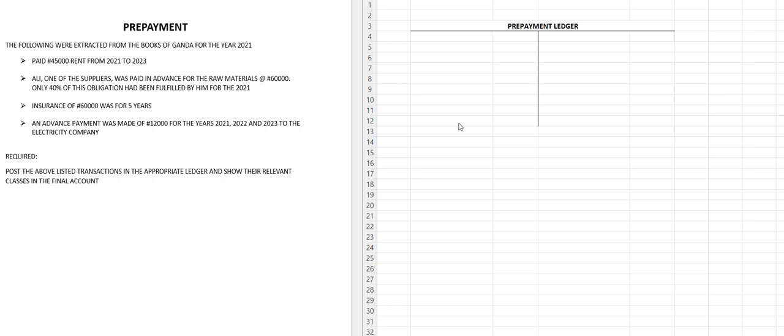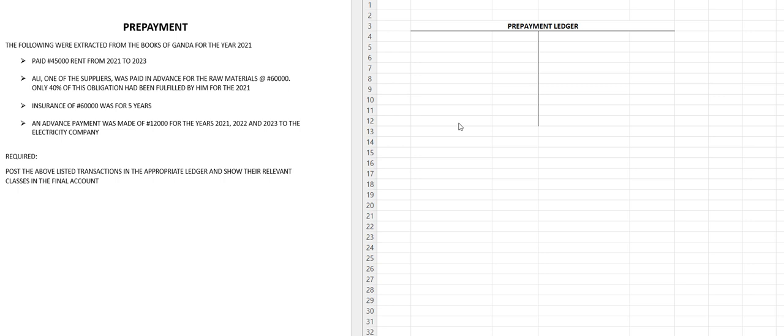Ali, one of the suppliers, was paid in advance for the raw materials at 60,000 naira only. Only 40% of this obligation had been fulfilled by him for the year 2021. The next one, insurance of 60,000 naira was for 5 years.